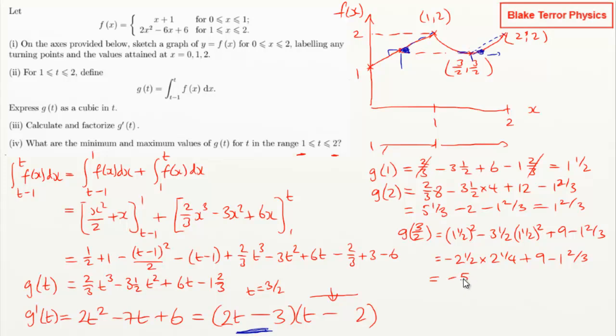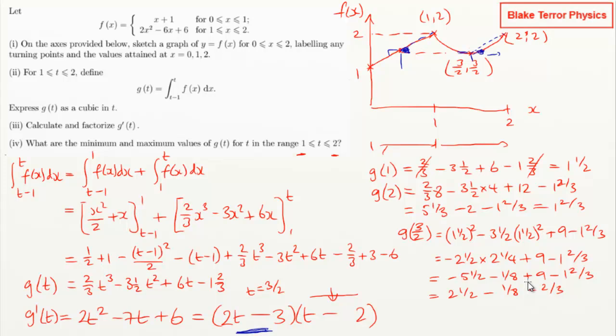So minus 5.5, but I'll be taking off that 1/8 because it's inside the same bracket, plus a 9 minus 1 2/3. So I can take off 6 off of there, which would give a 3. Take off another one, so that's 2.5. So that is 2.5 minus an 1/8 minus 2/3, I think is what I've got on all of that.